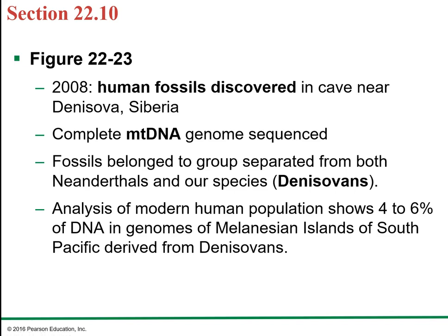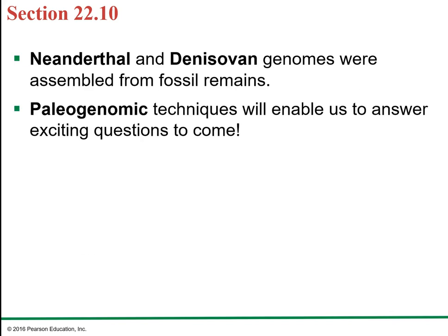And if we didn't have DNA sequencing, right, or weren't able to use techniques like that, we probably would have just thought that those were fossils of Neanderthals, right? But indeed, they were different species. So obviously that changes that phylogenetic tree and changes our ancestry. Okay.